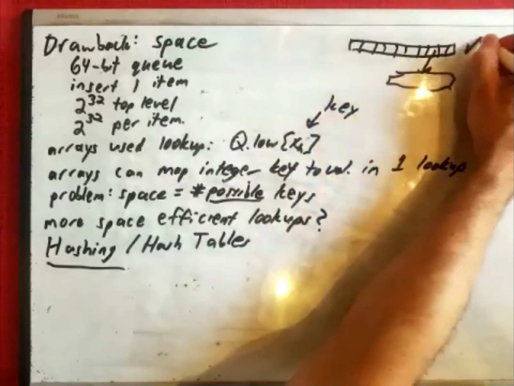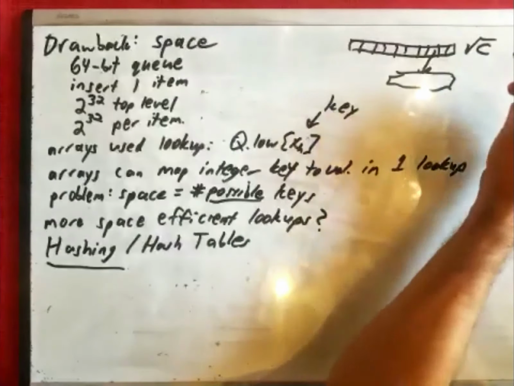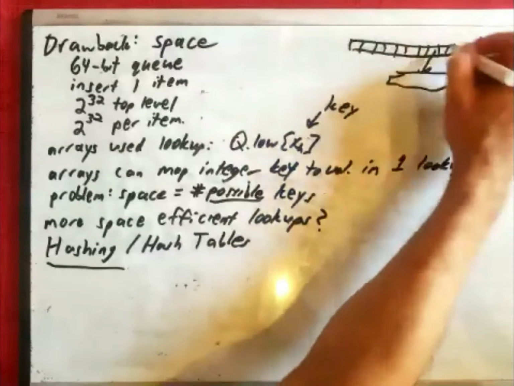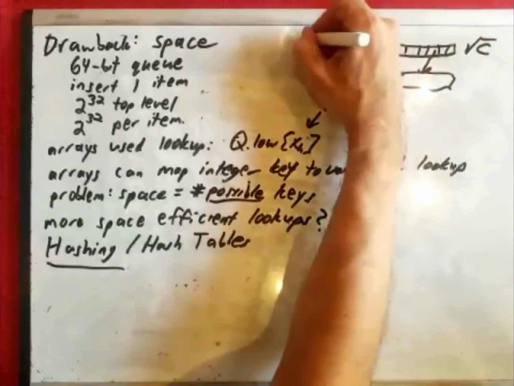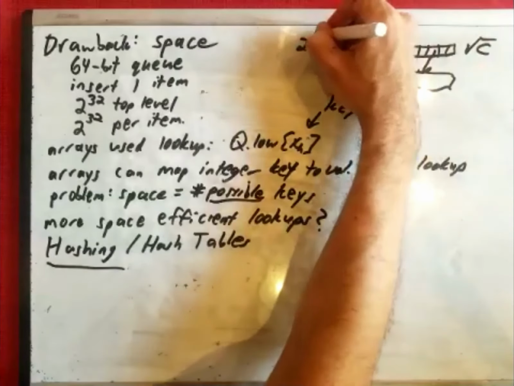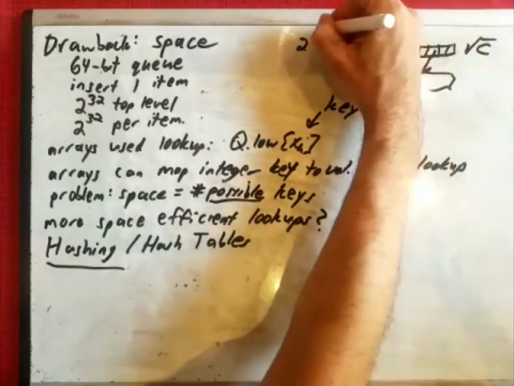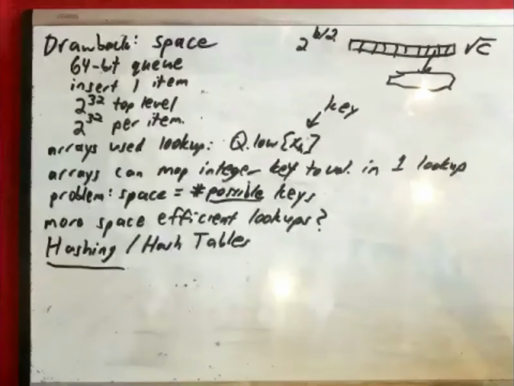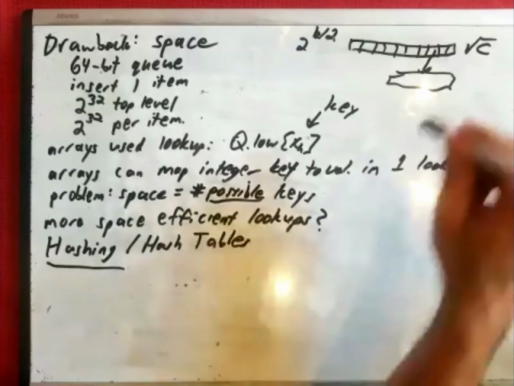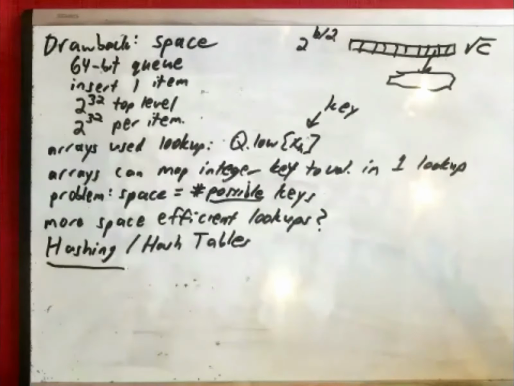And the size of this array is square root of C. It's letting you index B over 2 bits. So you could also write this as 2 to the B over 2. And so that's our space bound. If we want to store keys of value up to C, we have to use root C space.